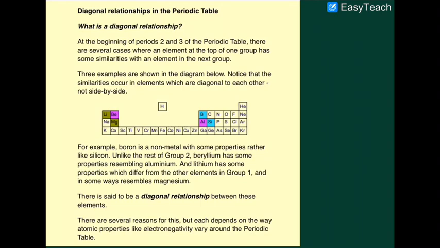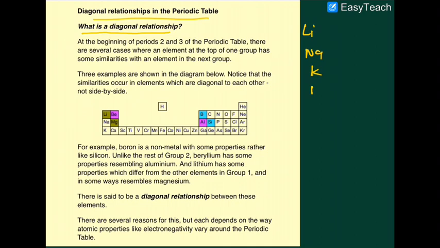The next very important thing is the diagonal relationship in the periodic table. Now, in the periodic table, what happens? Especially in the second period element, lithium, sodium, potassium, and so on.